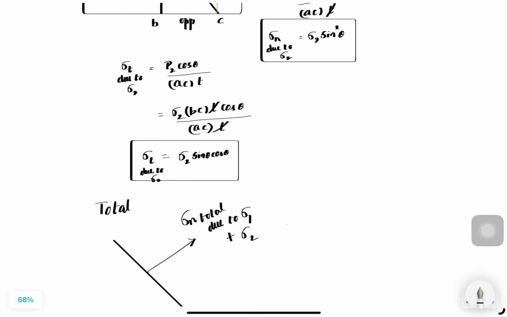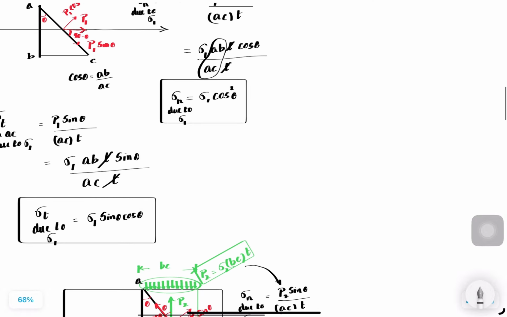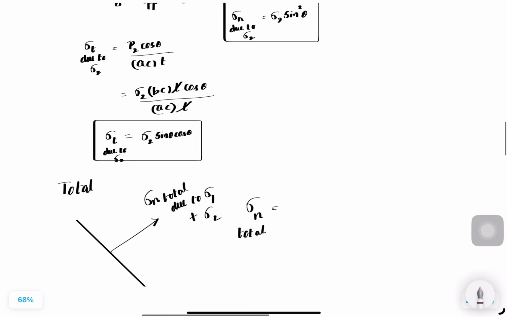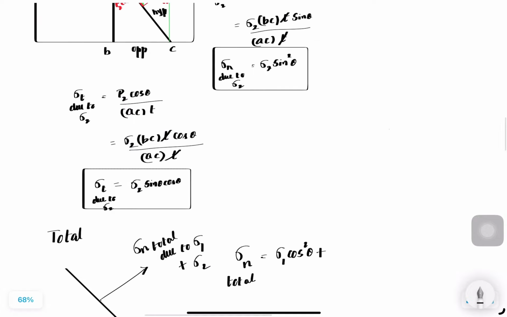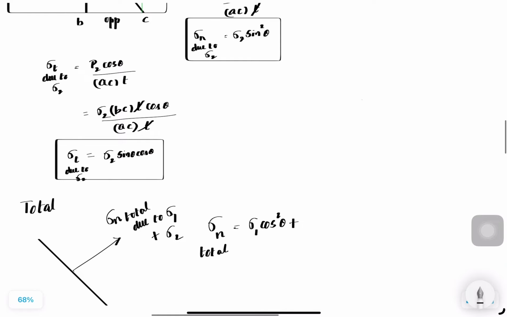Both the stresses. So what we will get, sigma n total, we are just going to add the two expressions, which is sigma 1 into cos square theta, plus sigma 2 into sine square theta. We know that cos square theta can be written as 1 plus cos 2 theta divided by 2.